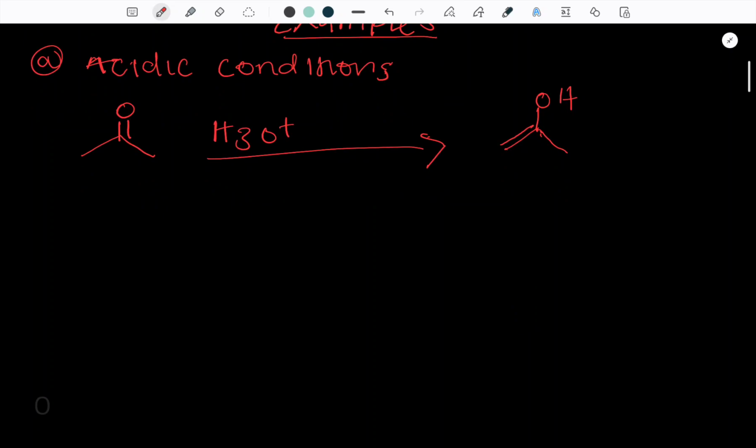So how can we form this with an acid? Let us write the mechanism.